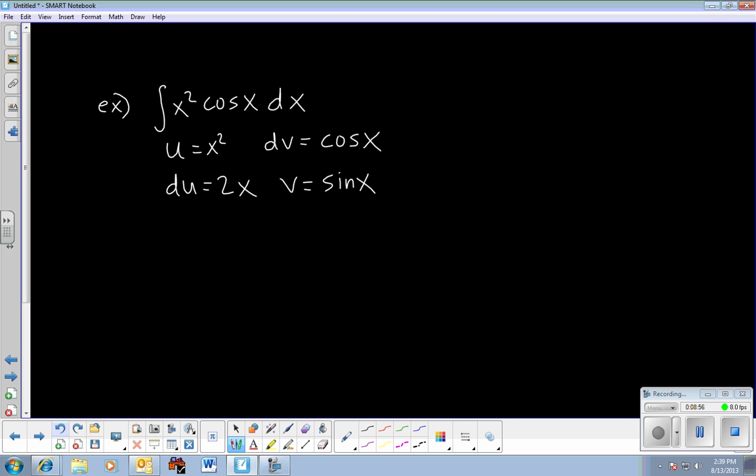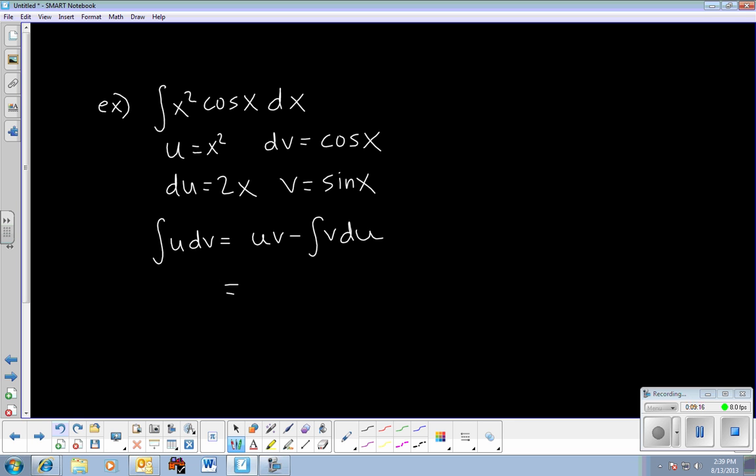Now we go to our formula and just plug in. And the more you use this formula, the more second nature it will be, and these will get easier and easier as we go. Okay? So, my formula suggests you get in the habit of writing this formula. Okay?